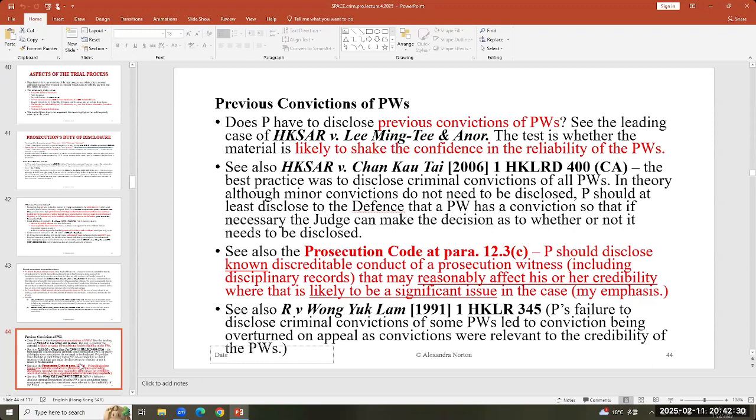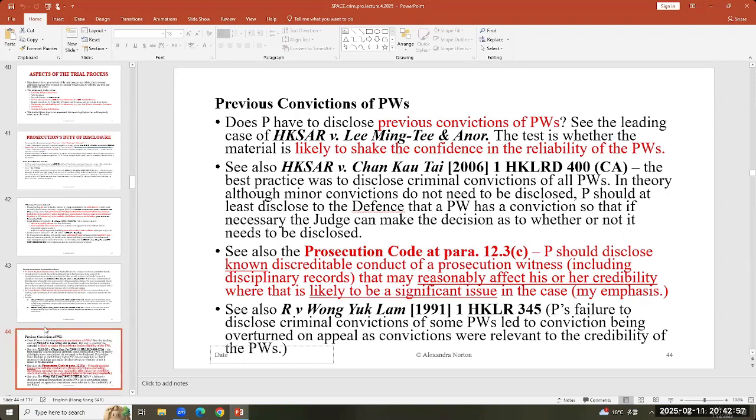Not where they were subject to an inquiry, but no bad practice or bad faith or anything was found against them, right? So they're essentially acquitted. They don't have to disclose that because it's not known discreditable conduct. And the prosecution code would also imply that if the inquiry is still ongoing, there's no need to disclose that either because no final result has been reached.